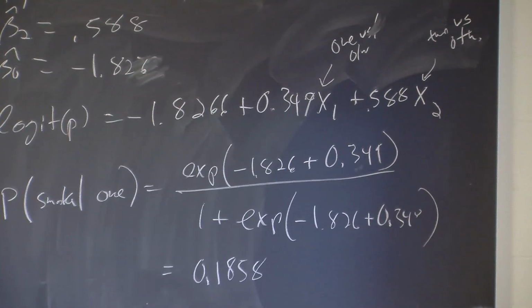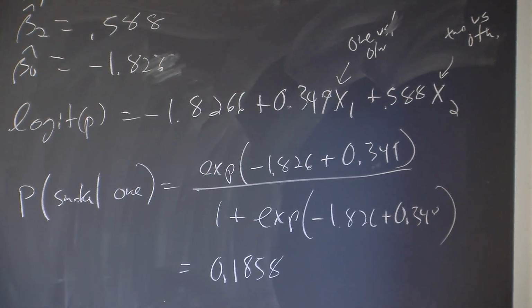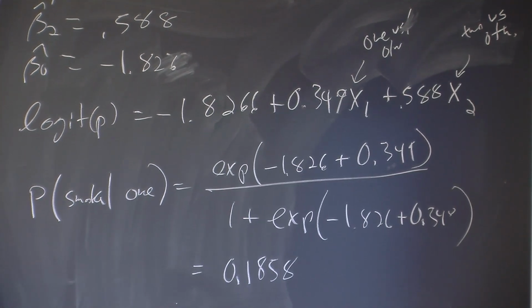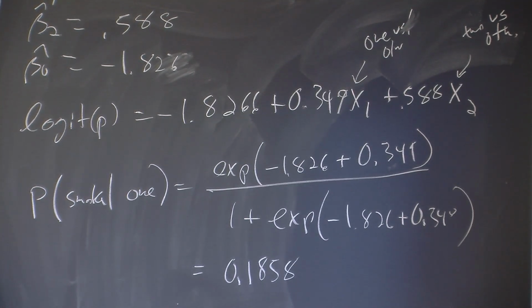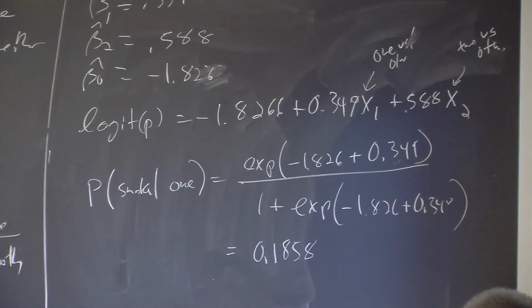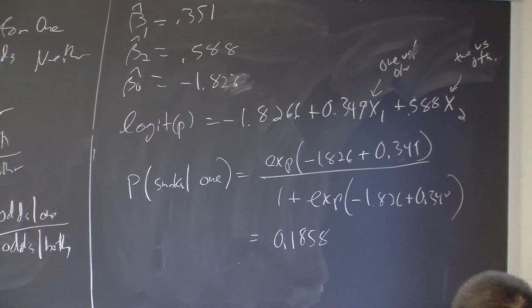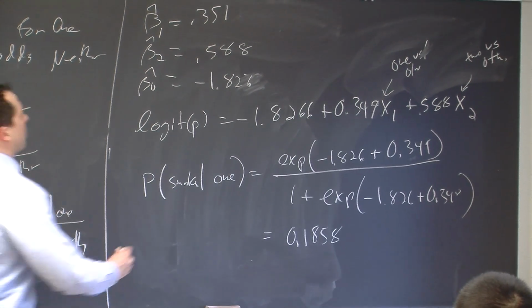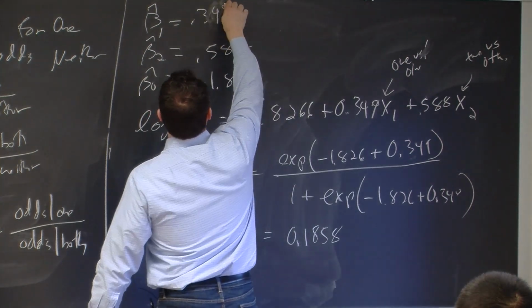So what's the G squared for this test? Quick question: is beta 1 0.351 or 0.349? Oh, yeah, 0.349. Sure.